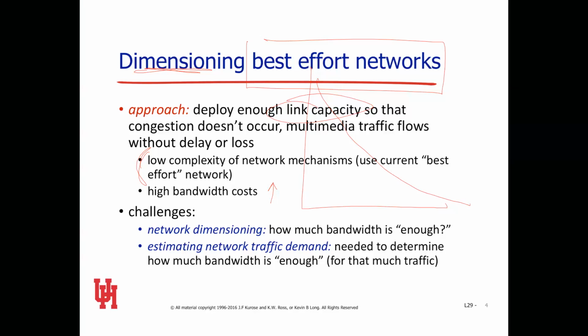So the challenges here are how much bandwidth is enough, and how do you estimate what traffic demand is going to be? The first modern time since the broad commercialization of the internet that the internet was crushed and basically collapsed under traffic was a day I can still remember.